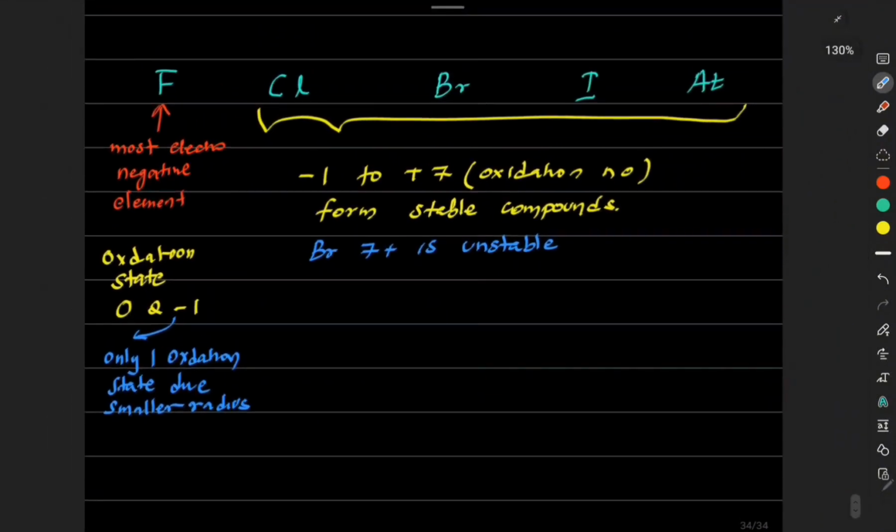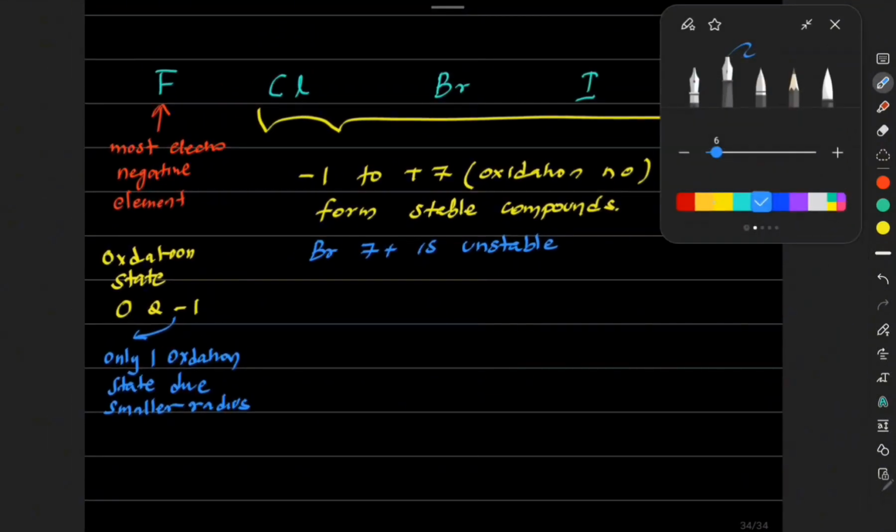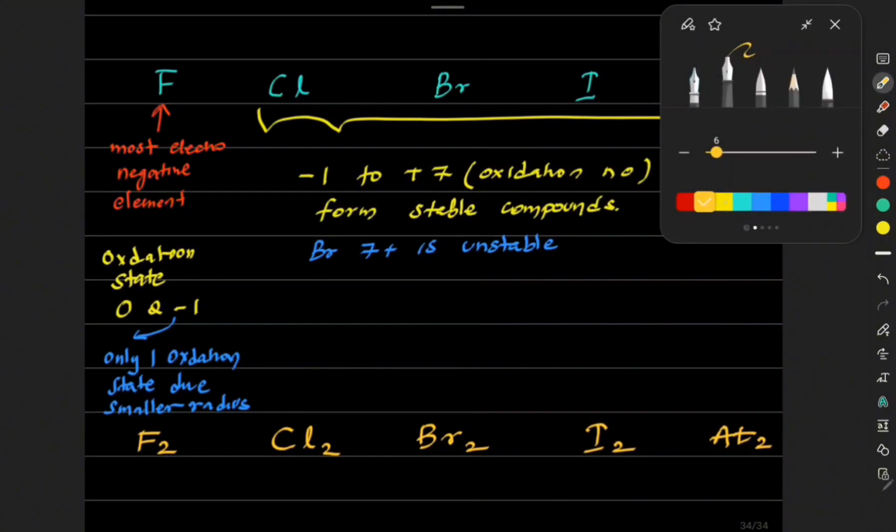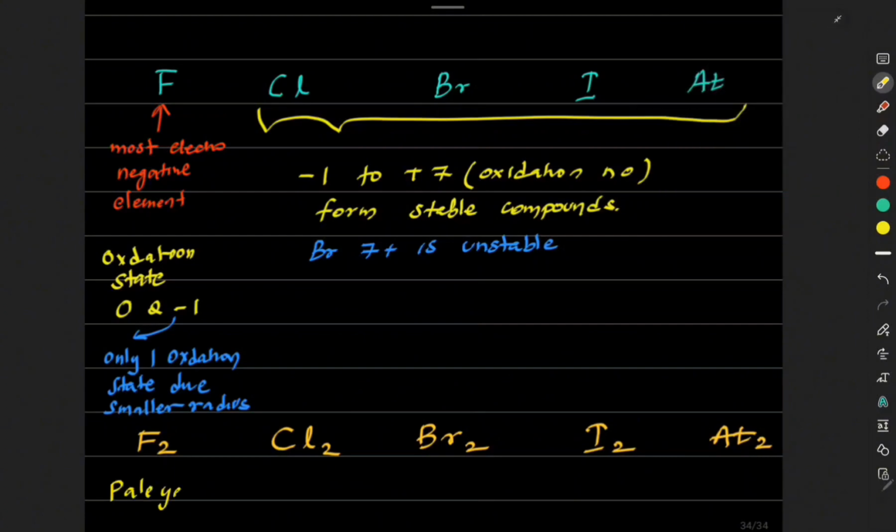These group 17 elements form diatomic molecules. Let's look at the colors of F2, Cl2, Br2, I2 and At2. F2 is a pale yellow gas.